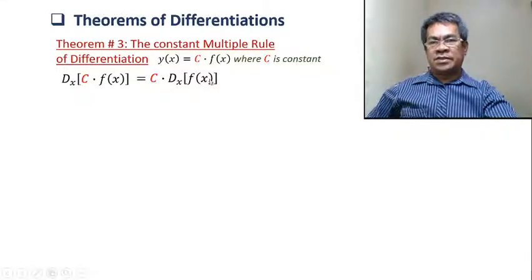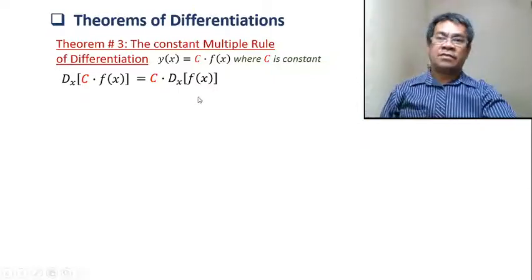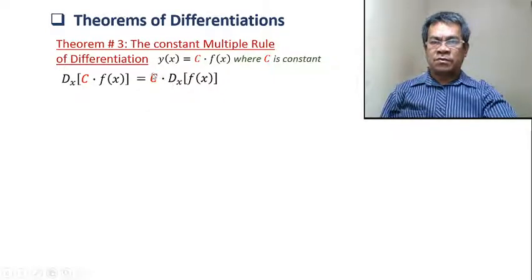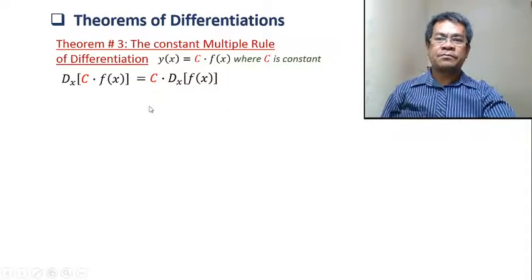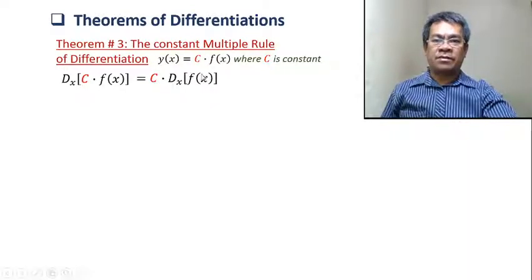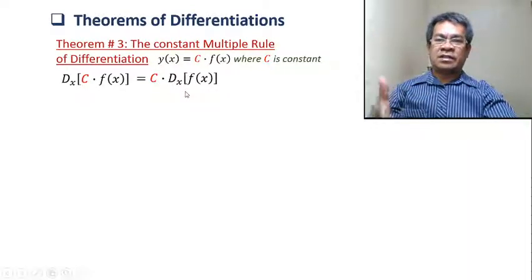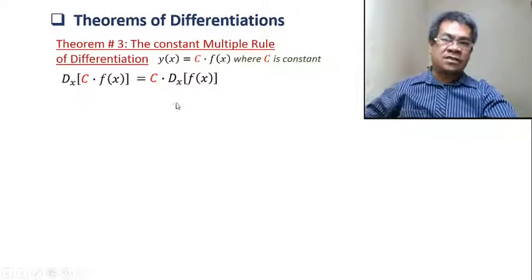Apply the previous theorems, theorem 1 and theorem 2, then after obtaining the derivative, that's the time you multiply it by c. Remember, c here cannot be 0 because it is a constant multiple, and it is not affected during the differentiation process.